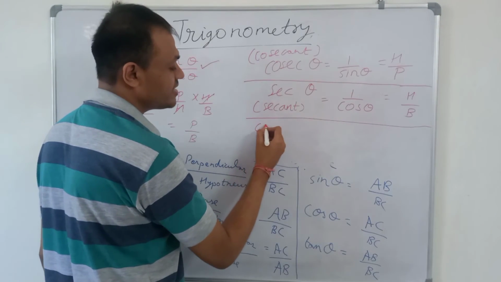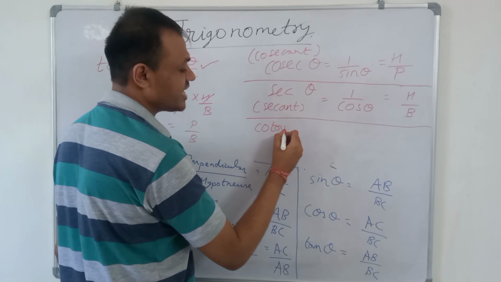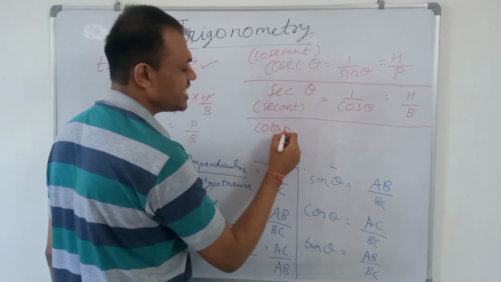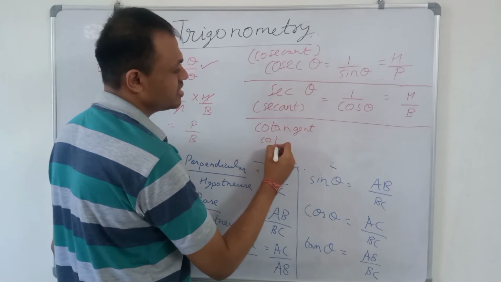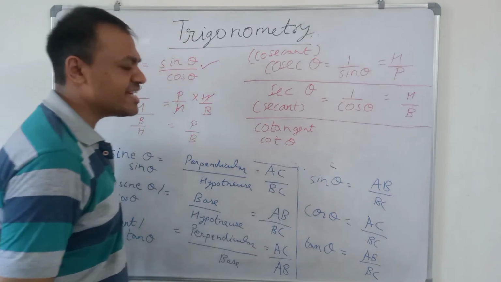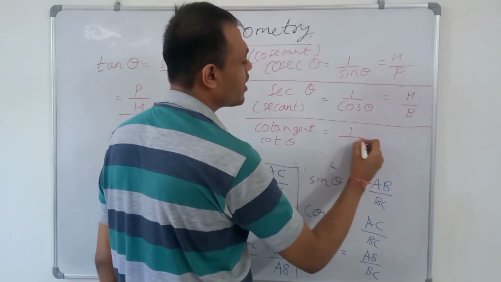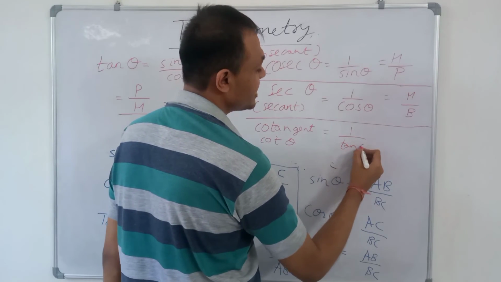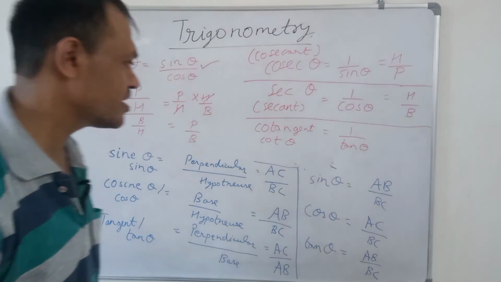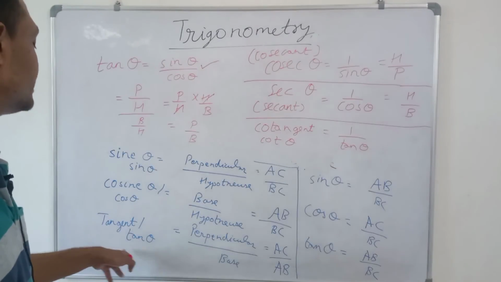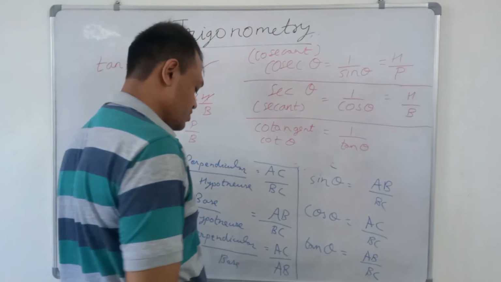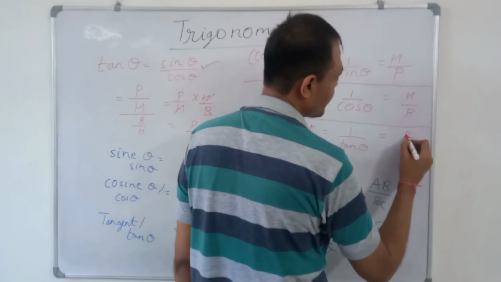And there is cotangent, C-O-T-A-N-G-E-N-T, mostly called cot theta. Cot theta will be equal to 1 upon tan theta. It is the inverse of tan theta. These are the universal formulas. So cotangent is 1 upon tan theta, which is equal to base upon perpendicular.